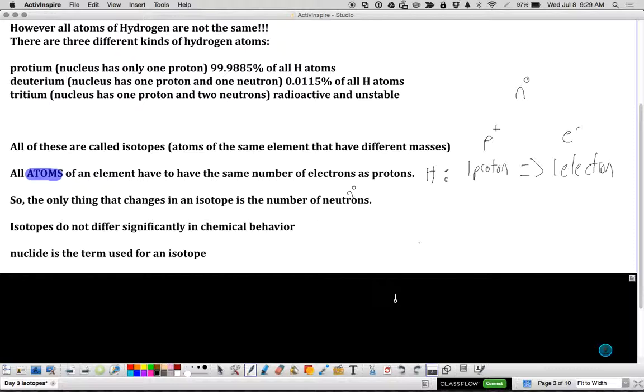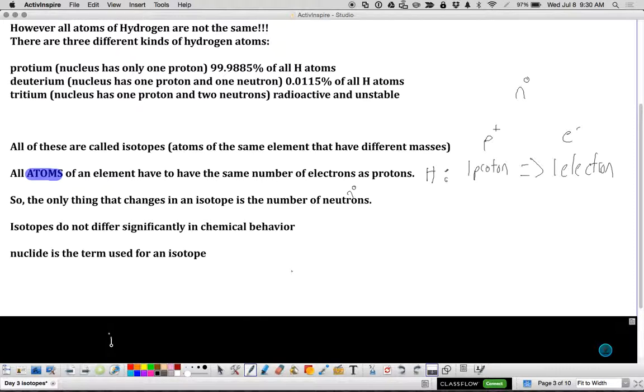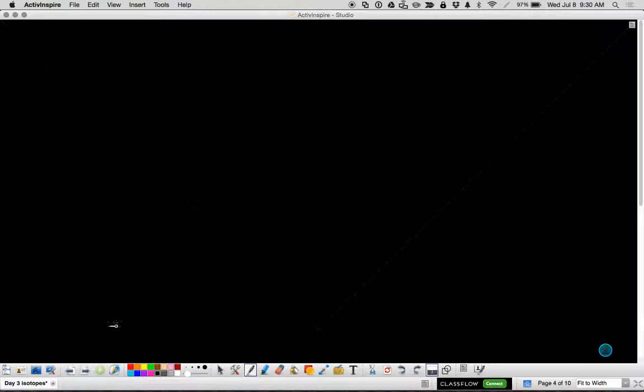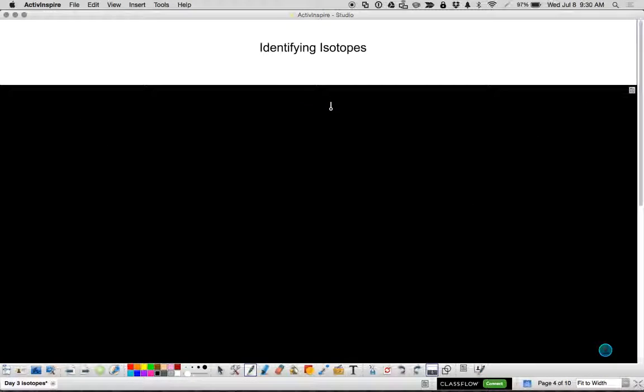You'll see the term nuclide used a lot. A nuclide is just a general, generic term used for an isotope. You can use them somewhat interchangeably. So, identifying isotopes.